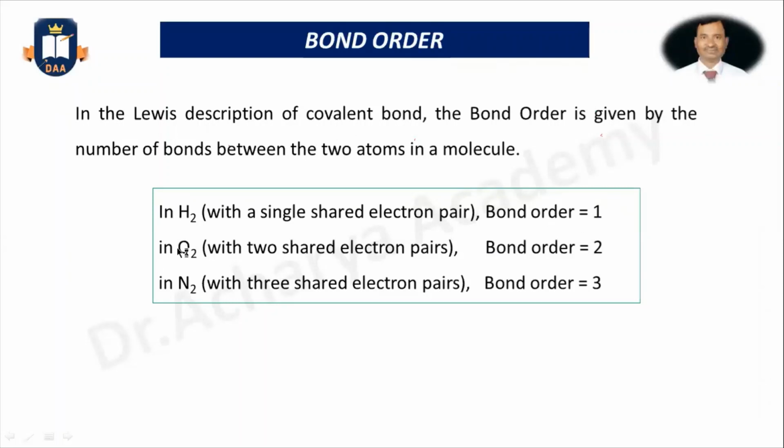Similarly, for the oxygen molecule, there are two shared electron pairs between the oxygen atoms, so the bond order is 2. For the nitrogen molecule, there are 3 shared electron pairs between the two nitrogen atoms, so the bond order is 3.